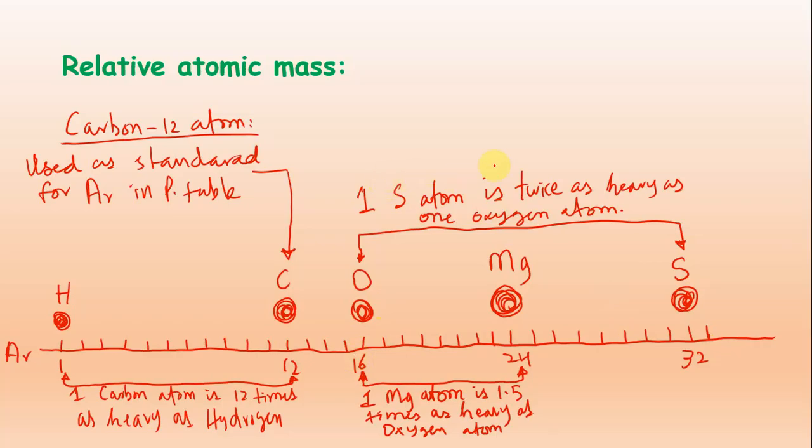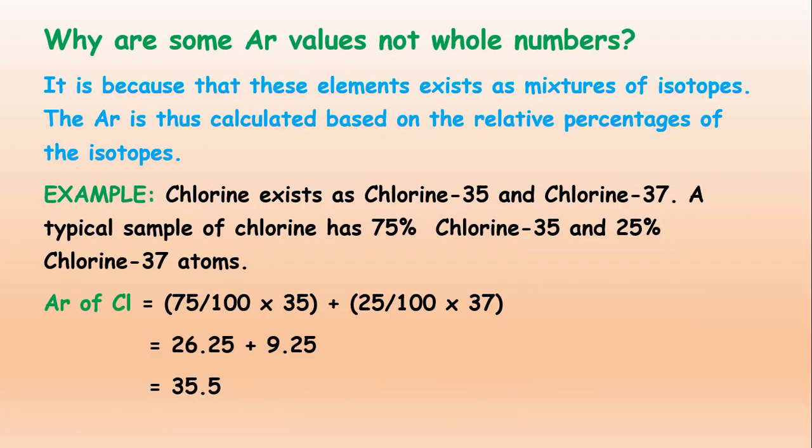So one sulfur atom is twice as heavy as one oxygen atom. So this is the concept of relative atomic mass, and we will compare the other atomic masses with carbon.